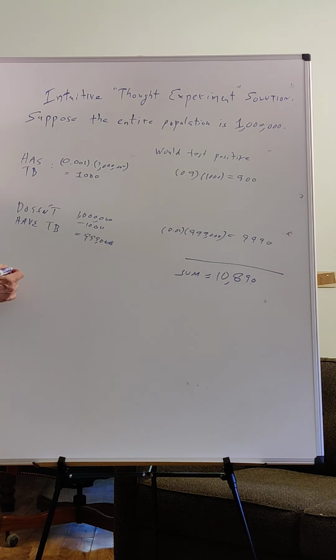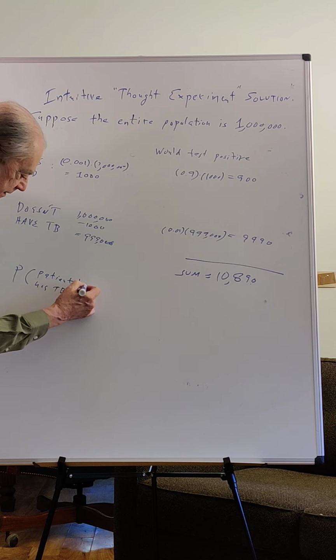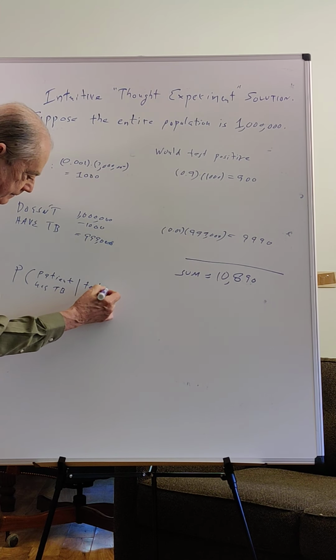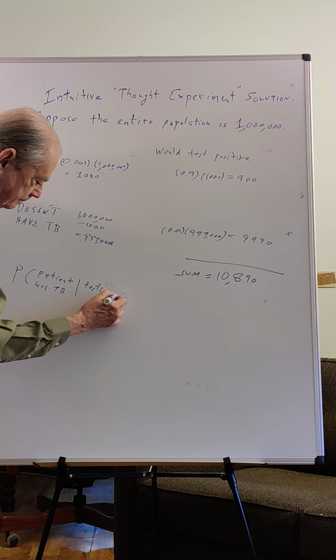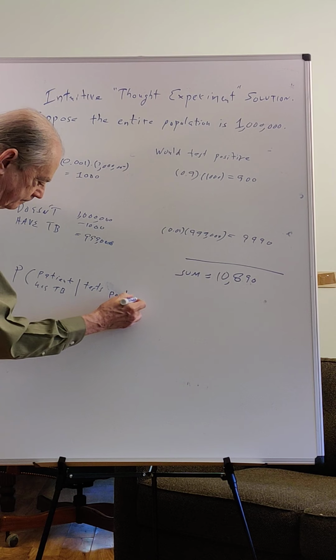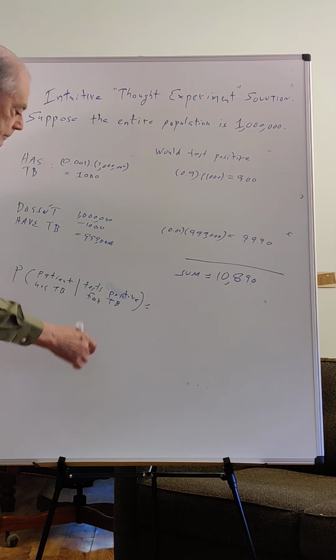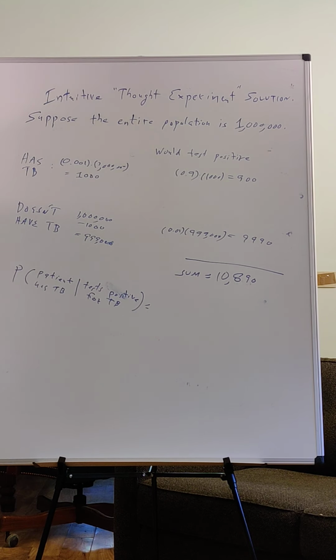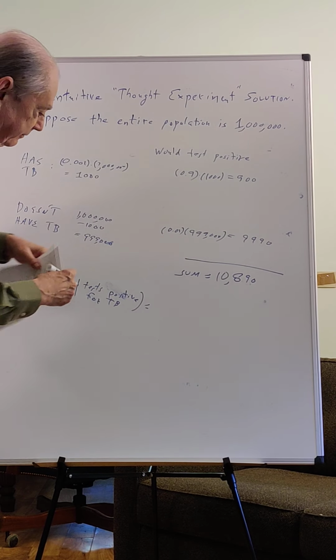Okay, so the probability that the patient has TB given that he tests positive for TB is, so this many patients would test positive, but only this many really have TB.